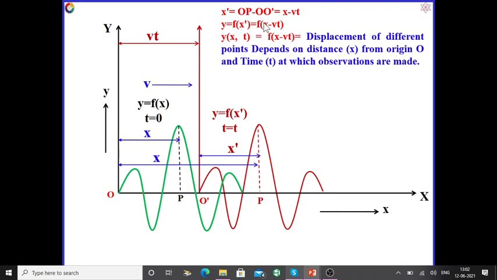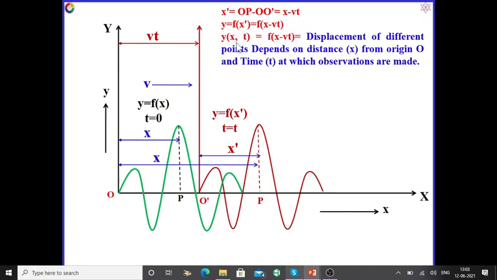So here we have transformed x dash to the x frame. Instead of x dash we can write x minus vt. So y will be a function of x minus vt.